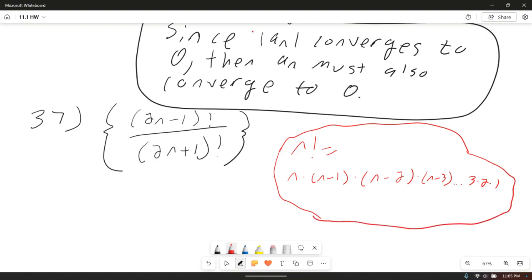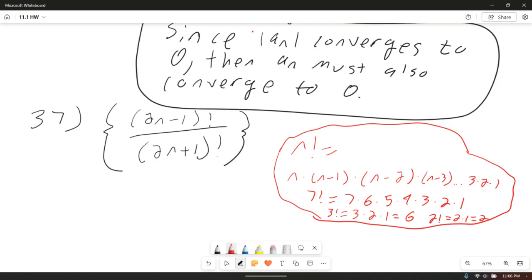So in the case of 7 factorial, this is just 7 times 6 times 5 times 4 times 3 times 2 times 1. This is a big number, so I'm not going to compute it, but we can find 3 factorial, which is not too bad: 3 times 2 times 1 is 6. 2 factorial is 2 times 1, which is 2, and so on.